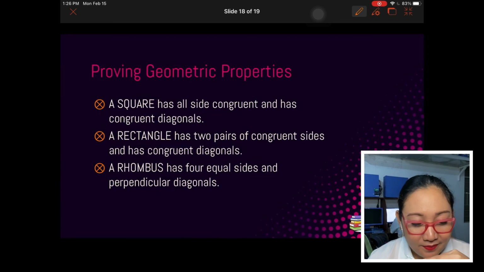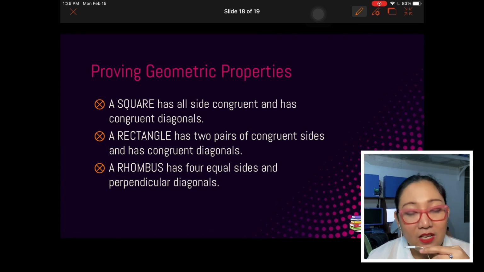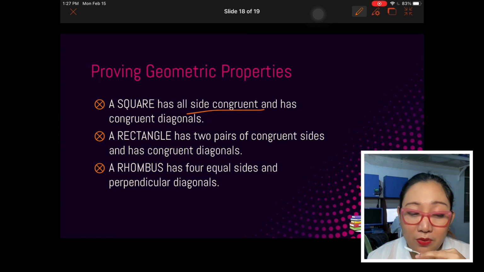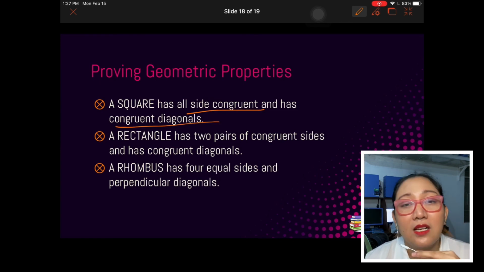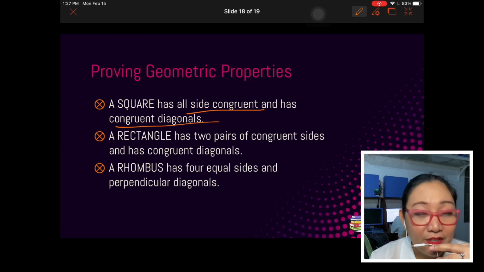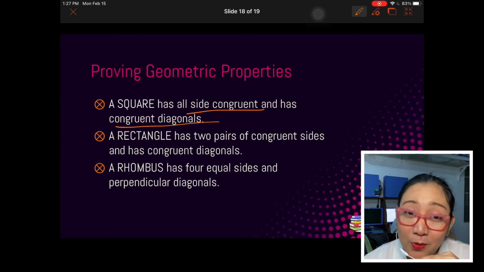Now, for quadrilaterals, ito naman po ang kailangan. Paano nyo mapapatunayan na ang isang quadrilateral ay square? Dalawang conditions po. First condition, all sides must be congruent. Second condition, you have congruent diagonals. Okay? And then, for the rectangle, two conditions po ulit, mga anak.